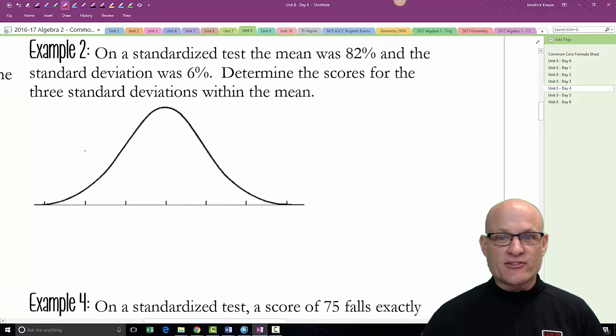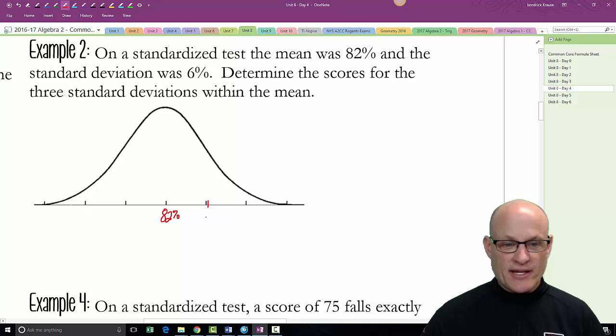On the standardized test, the mean was 82 and the standard deviation was 6%. So we're going to add 6%: 88, 94, 100.